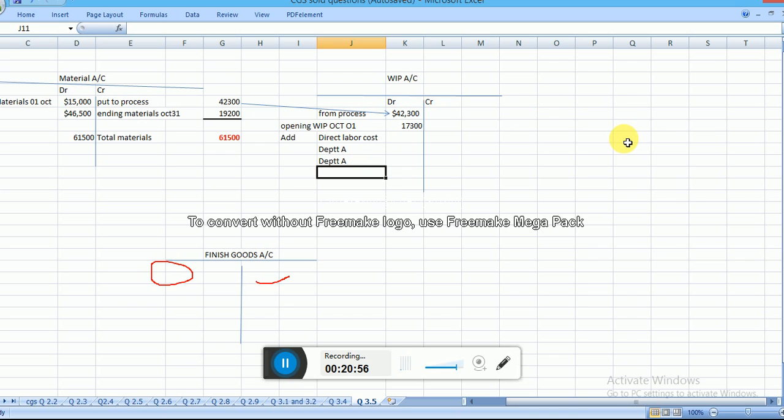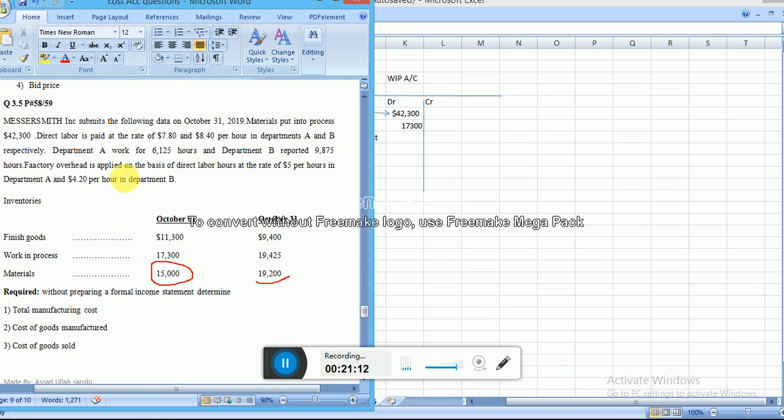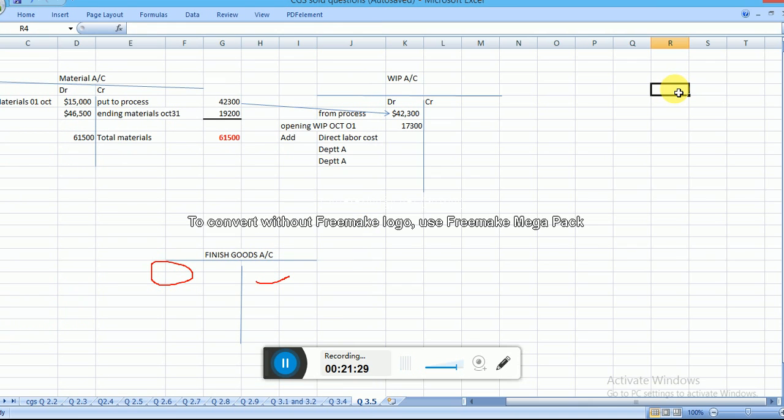But look at direct labor cost here. If we look at the question, the question says that direct labor is paid at the rate 7.80 and 8.40 per hour in department A and B. So look at now, we will write the two departments.